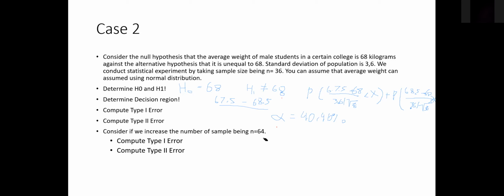We just change this into 64, and we got the alpha is equal to 26.64%. So basically the value of the error is decreasing as we increase the value of n. So that's all from us, sir.